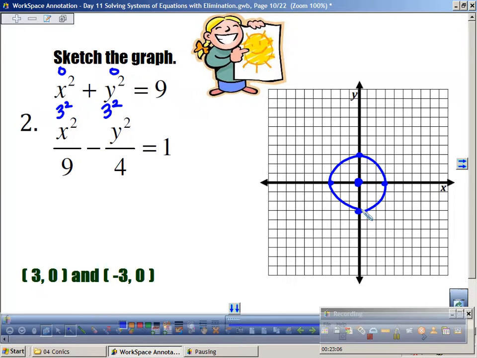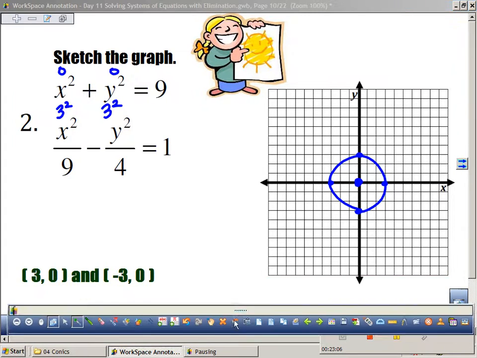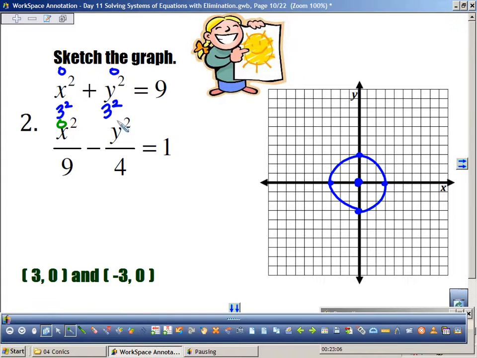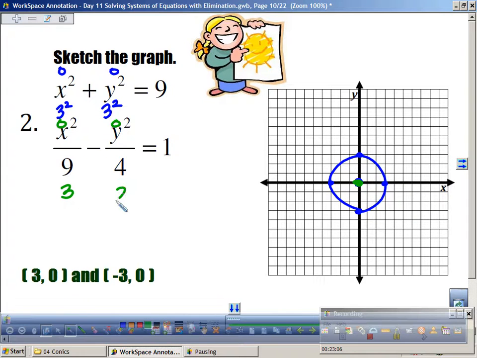This is a hyperbola with the center at, again, 0, 0. It goes out on the x, 3, and it goes out on the y, 2, right, because they're actually squared. So my 3, bingo, there's one intersection, -3, there's another one.